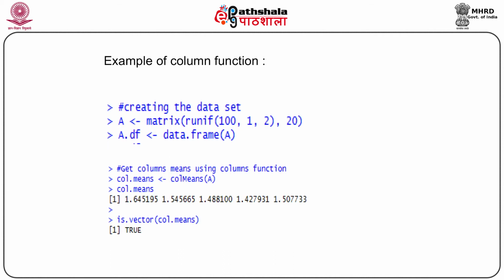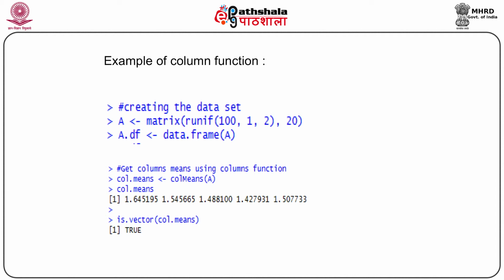Here is an example of a column function. In the beginning, we are creating a data frame containing a data matrix with 20 rows, and the 100 elements of it are drawn from a uniform distribution that ranges between 1 and 2.